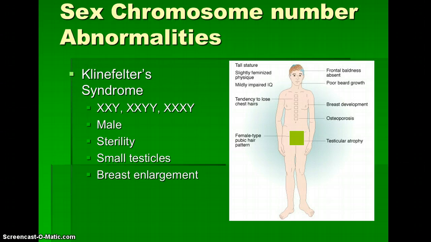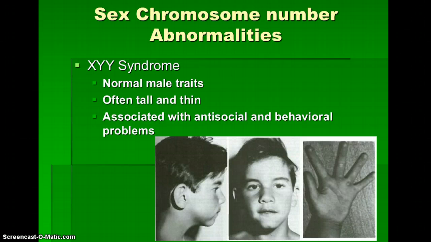Okay, there's something called Klinefelter syndrome. With Klinefelter syndrome, these men are XXY, usually that's how they end up. They have to be men because of that Y chromosome, and they will have sterility problems, meaning they can't have babies. So that's Klinefelter syndrome. Okay. Then there is XYY syndrome.